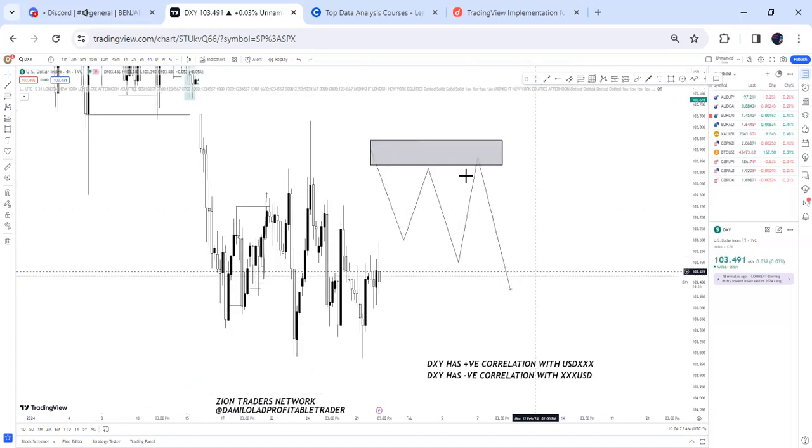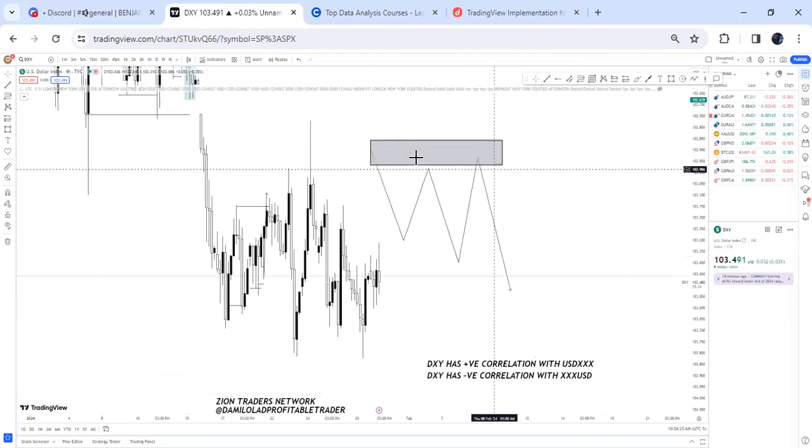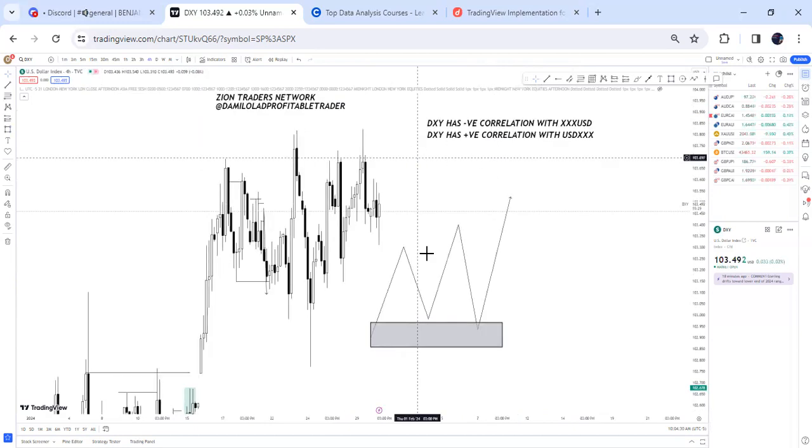If I'm looking for buys on the DXY, I should be looking for sales on GU, on AU, on NU, the XXXUSD pairs.